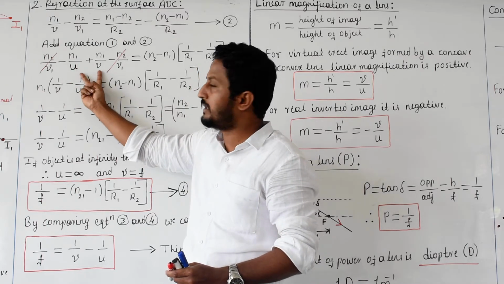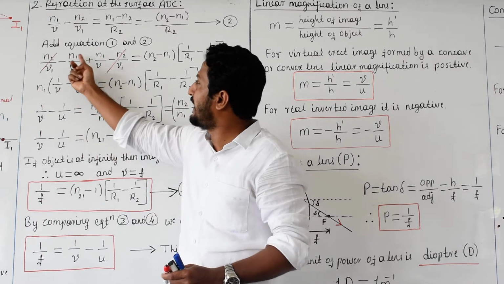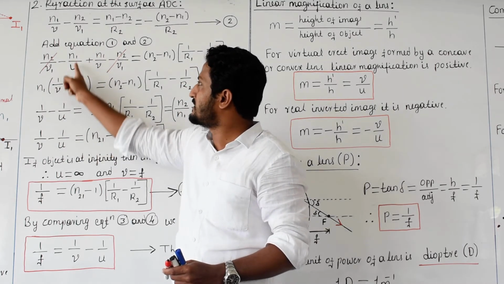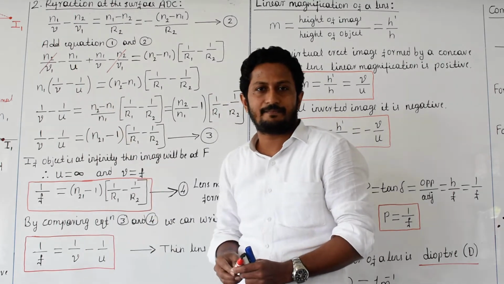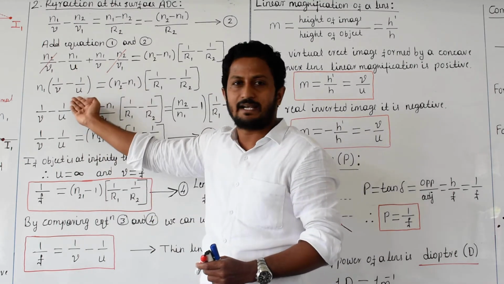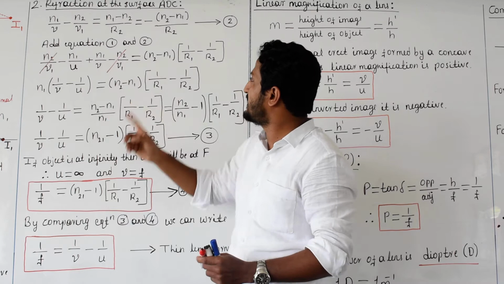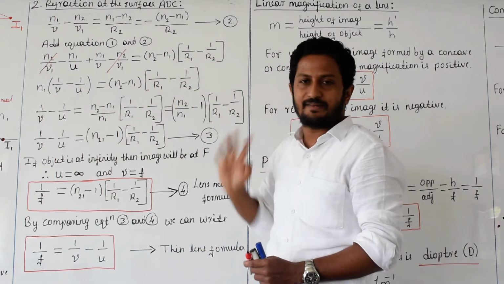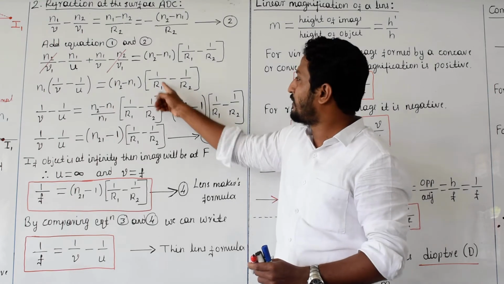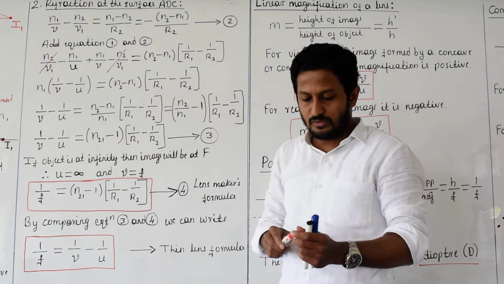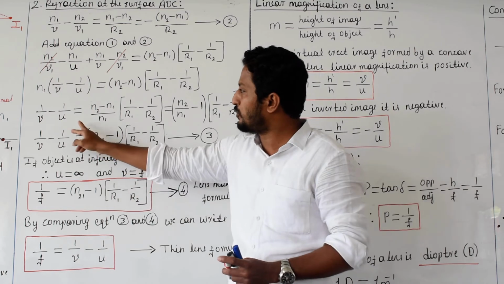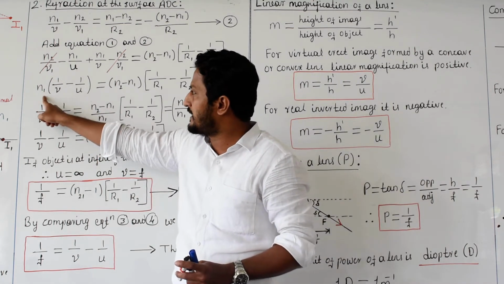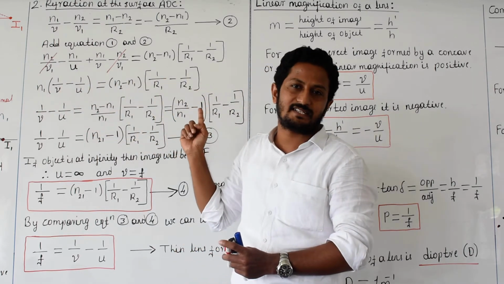Have you understood what I have written here? I have taken n1 as common, with 1 by v here and minus 1 by u here. This is the LHS. Then it equals the same thing as usual, n2 minus n1 into 1 by r1 minus 1 by r2. Now look here, what am I going to do? I am going to send this n1 towards the RHS side.